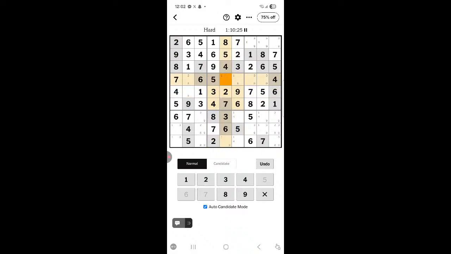Making a 2, making a 1, 8, 2, 8, 9, 8, 3, 9, 1, 4, 1, 3, 2, 9, 4, 3, 8, sorry. 3, 9, 4, 3, 9.